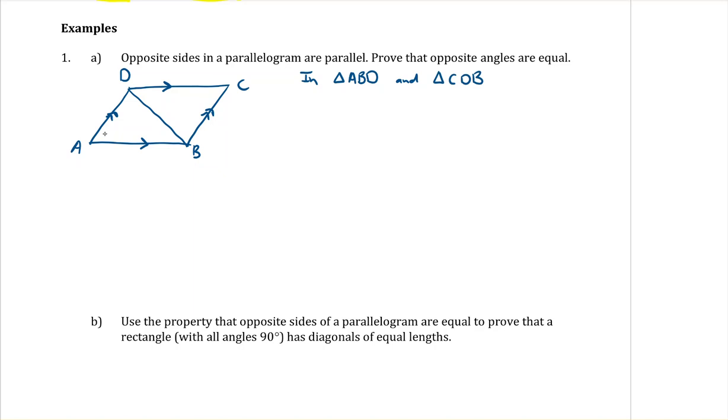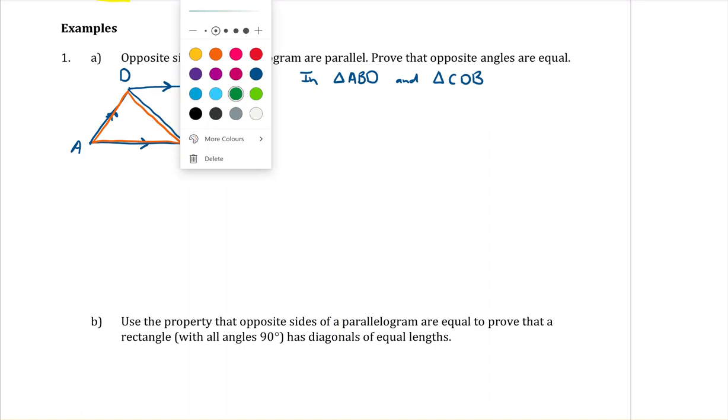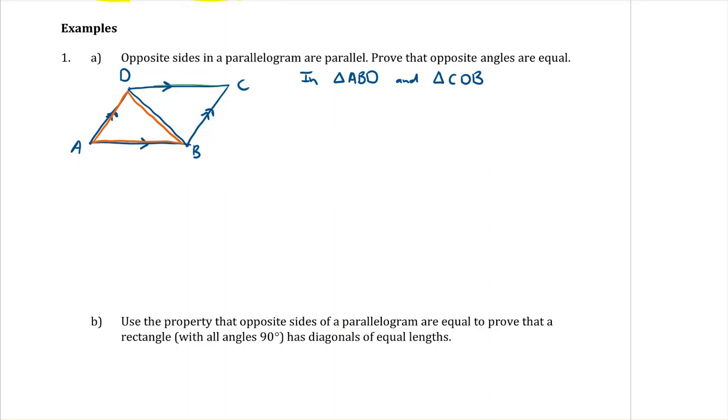So ABD is this triangle I'm drawing here in orange, and CDB, let's make that one green. Okay, so they're the 2 triangles, and I want to prove that they're congruent. So I don't have many sides. The only side that I have is DB here because it's a shared or a common side. Everything else is going to have to be angles.